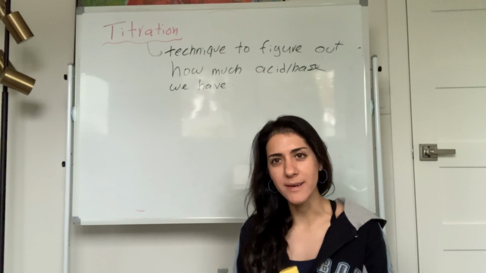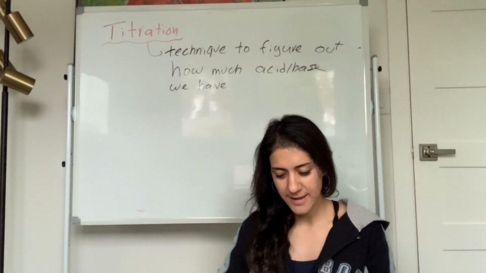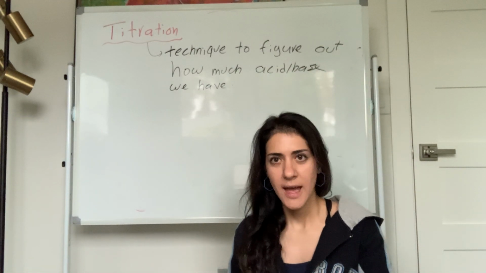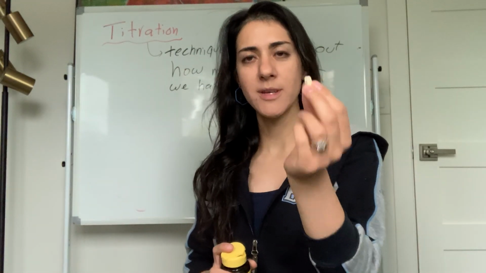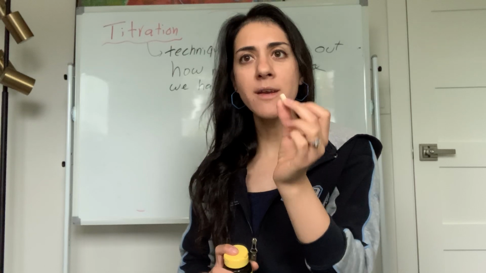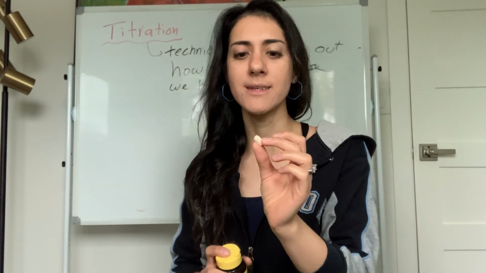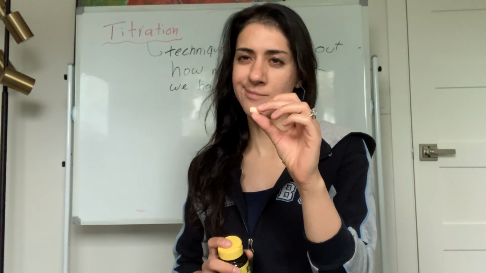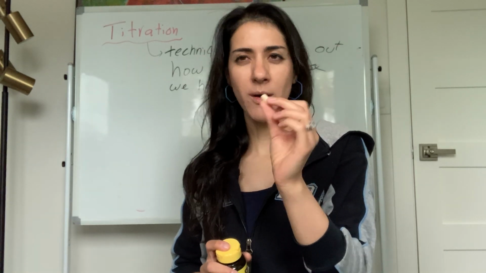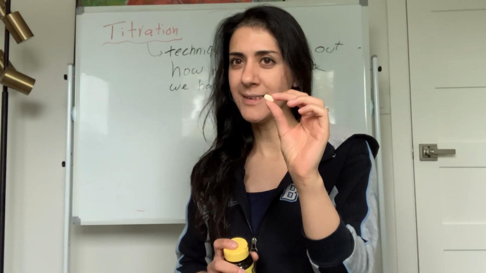Have you ever wondered, when it says that each tablet has 500 milligrams of vitamin C in it, that means each tablet has 500 milligrams of ascorbic acid in it, because vitamin C is ascorbic acid. Have you ever wondered, am I getting my money's worth? Are there exactly 500 milligrams of ascorbic acid, vitamin C, in each one?